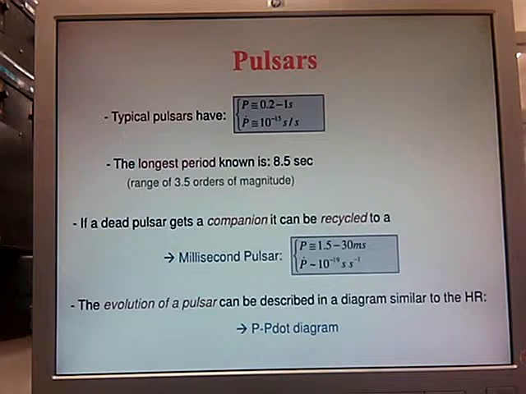Now, if I've got an accretion disk, what does that mean that I'm contributing to the neutron star? I'm contributing mass, and what else? I'm contributing angular momentum. And lastly, probably some charged particles. So I'm giving it angular momentum, spinning the thing back up a bit, and giving it a fresh supply of charged additional material.